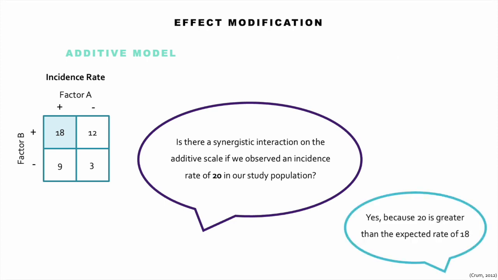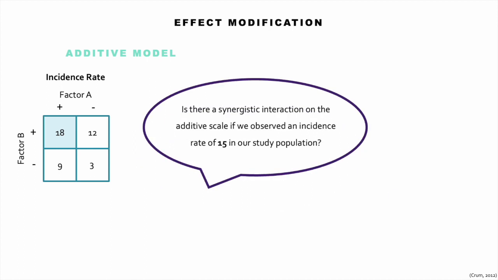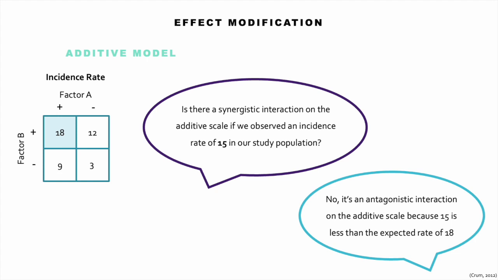Yes, because 20 is greater than the expected rate of 18. Is there a synergistic interaction on the additive scale if we observed an incidence rate of 15 in our study population? No, it's an antagonistic interaction on the additive scale because 15 is less than the expected rate of 18.